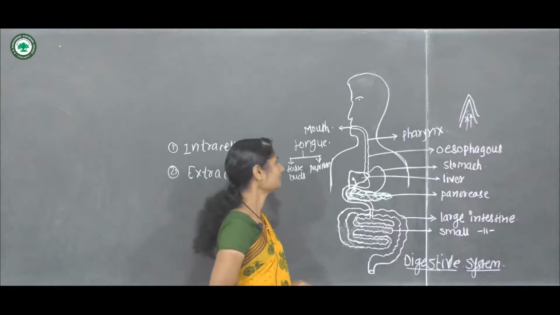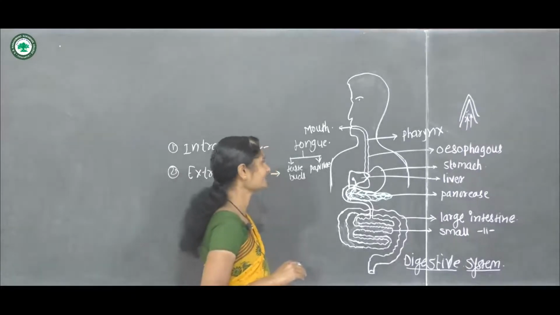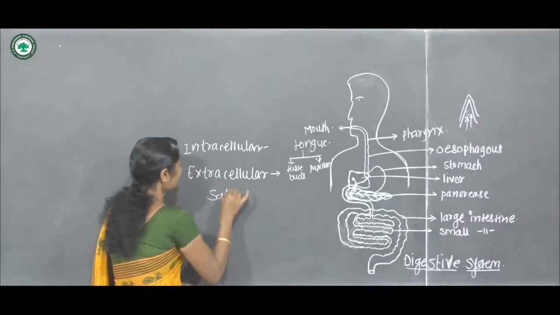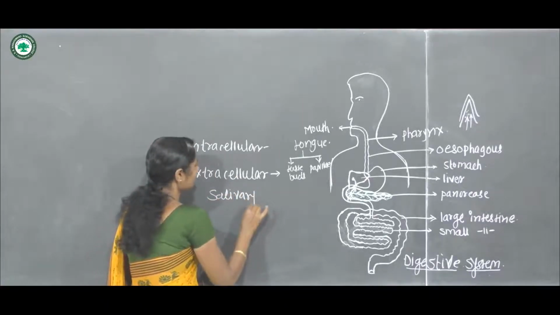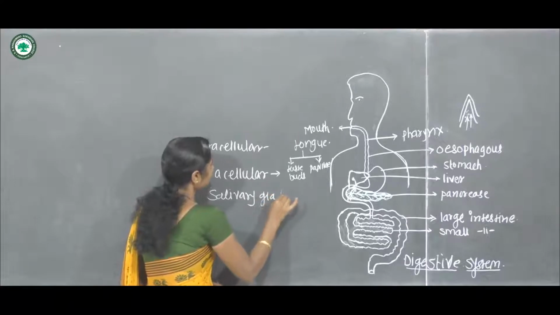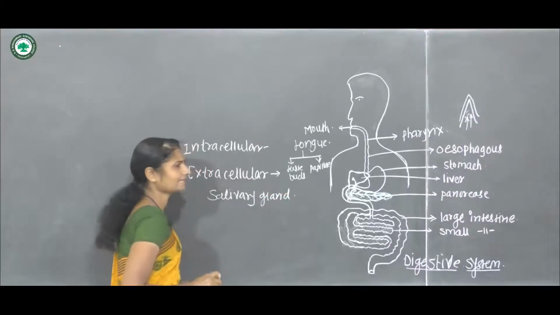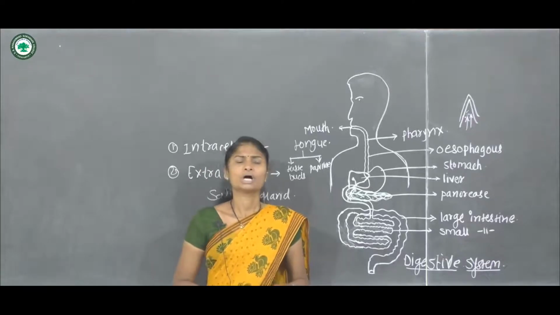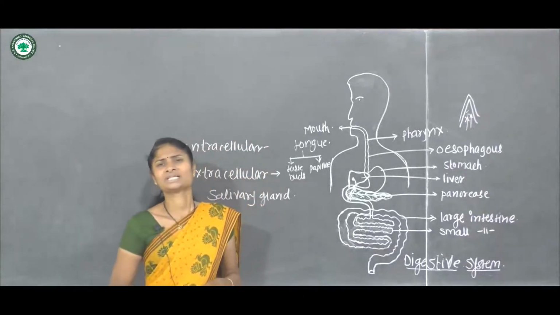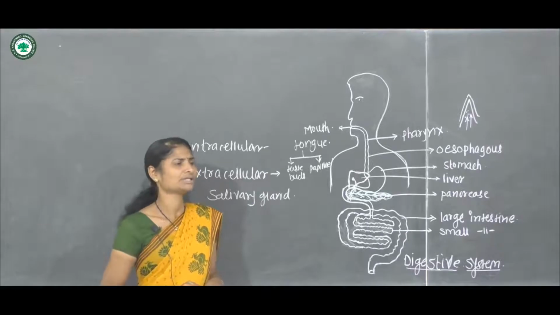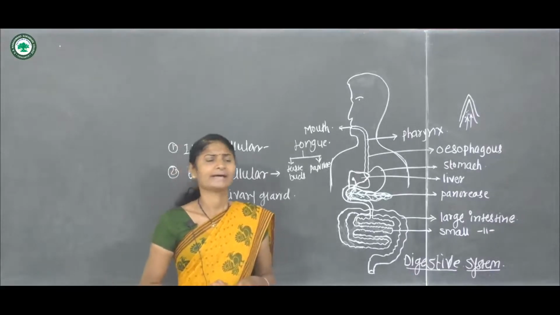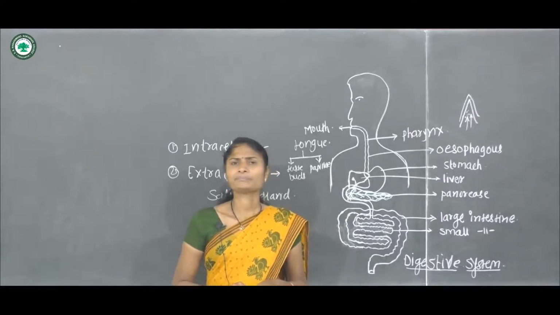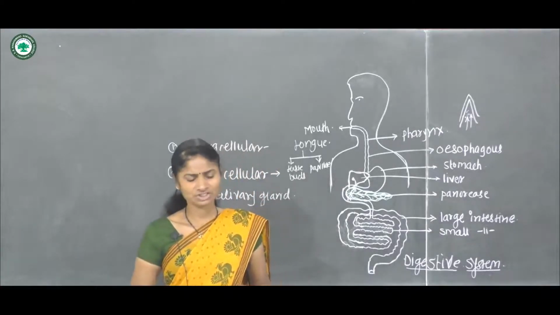Next, present in the buccal cavity are the salivary glands. There are 3 types of salivary glands: submandibular, sublingual, and parotid salivary glands. All these salivary glands secrete a watery secretion, and this secretion contains an enzyme for starch digestion.